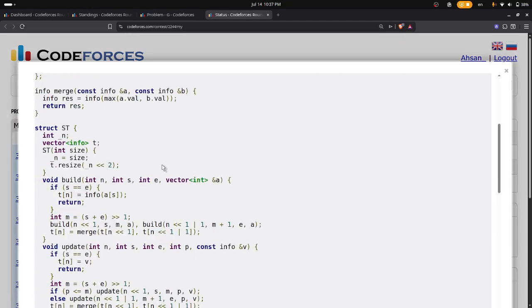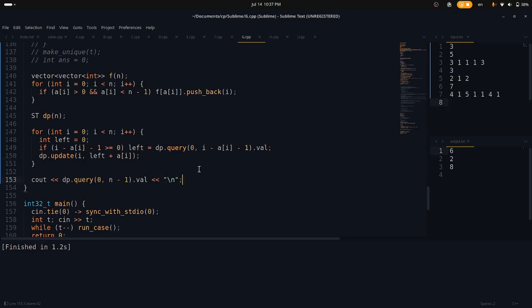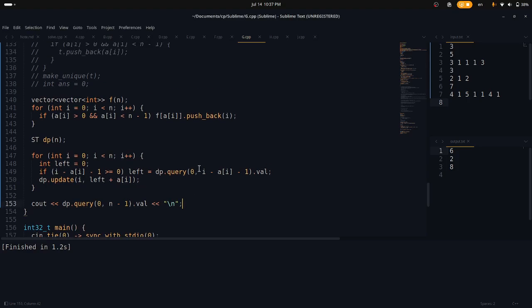No way. Yeah, this is wrong. Because we cannot go for all the values.